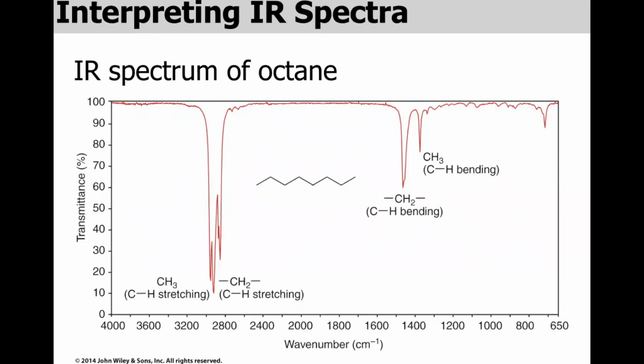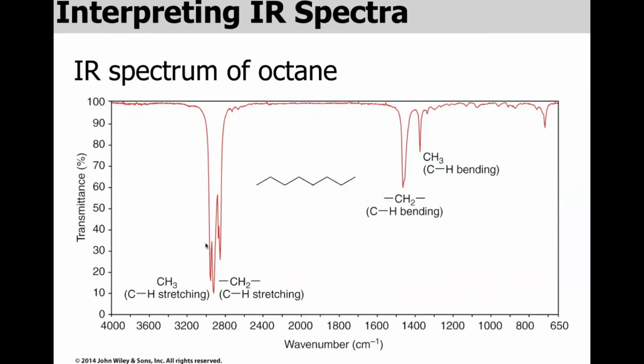Here's an example. Here's the infrared spectrum of octane. Octane is oct, which is 8, and ane means there's all single bonds. And these peaks right here are the CH bonds. It turns out that right at the 3,000 mark, right here, there's a cutoff.